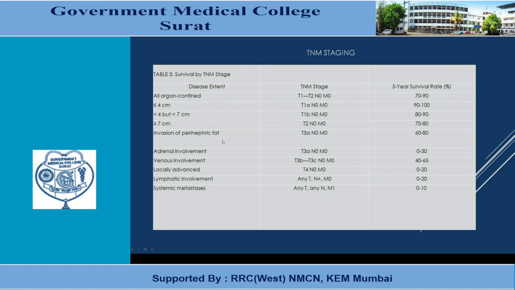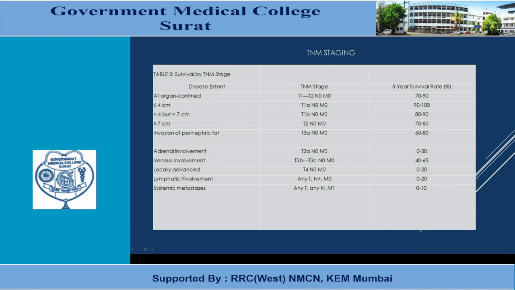If the tumor is invading the adjacent perinephric fat, the stage is called T3A. If the adrenal is also involved, that is also included in T3A. If there is venous involvement, with the tumor invading the IVC or renal vein, then it is T3B or T3C.